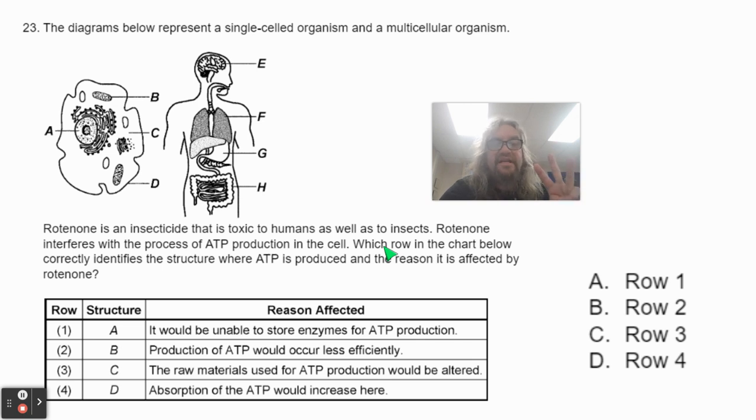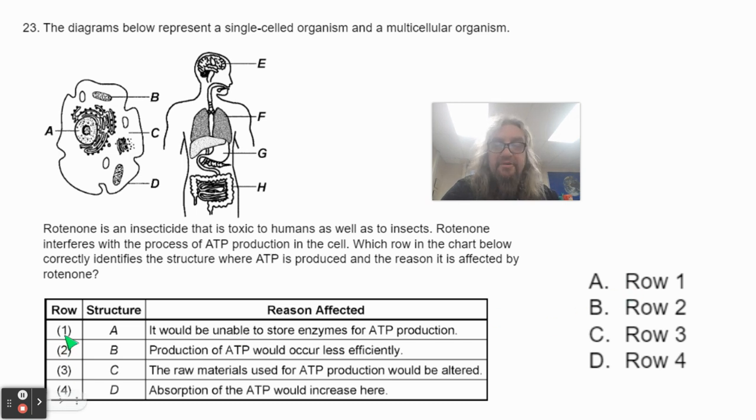Question 23. The diagrams below represent a single-celled organism and a multicellular organism. Rotenone is an insecticide that is toxic to humans as well as to insects. Rotenone interferes with the process of ATP production in the cell. Which row in the chart below correctly identifies the structure where ATP is produced and the reason why it is affected by rotenone?